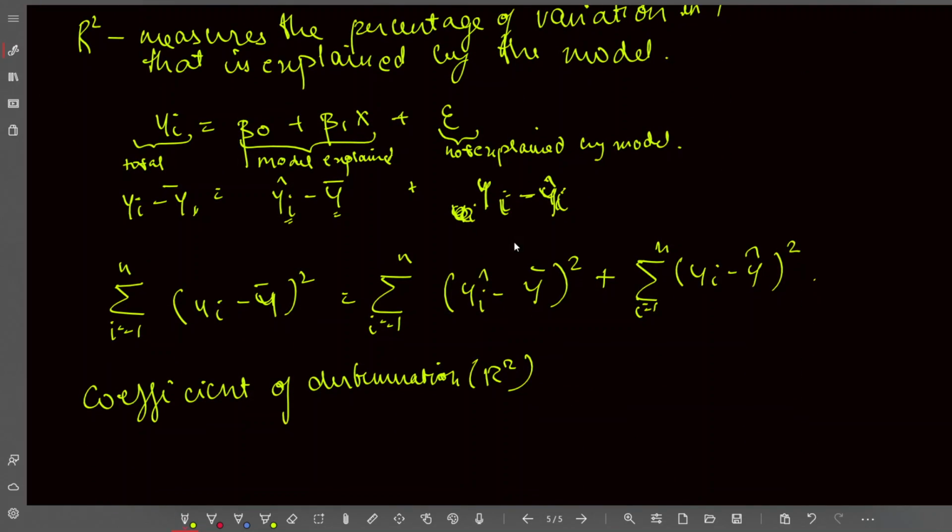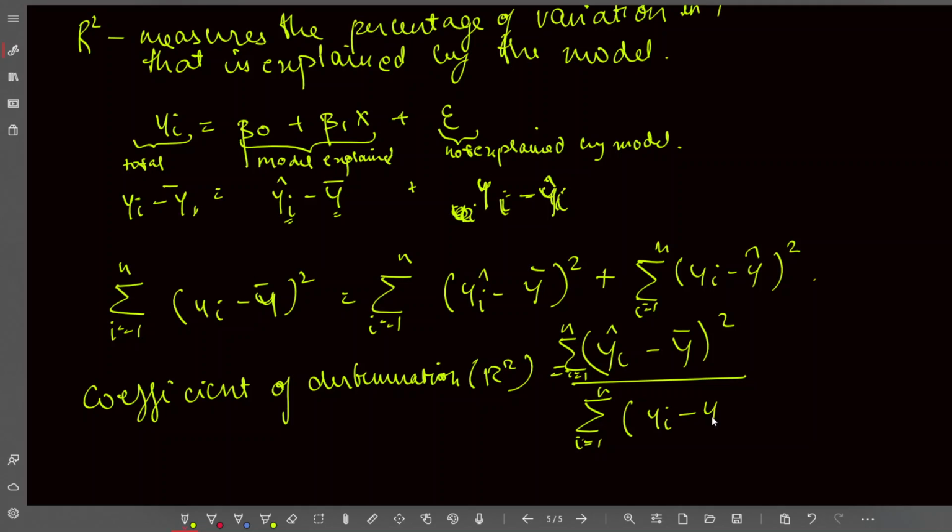So we want the variation that's explained by the model, sigma i equals 1 to n of yi hat minus y bar the whole square, upon the total variation, sigma i equals 1 to n of yi minus y mean the whole square.